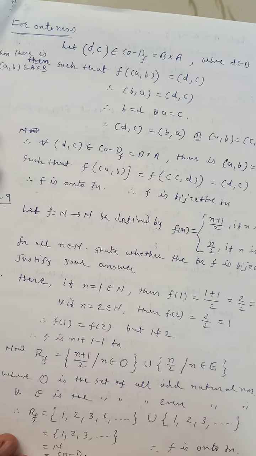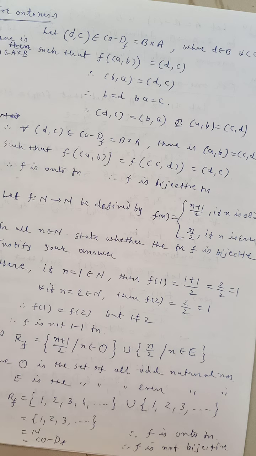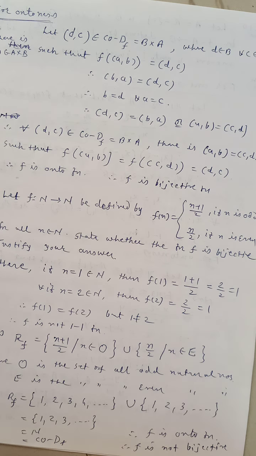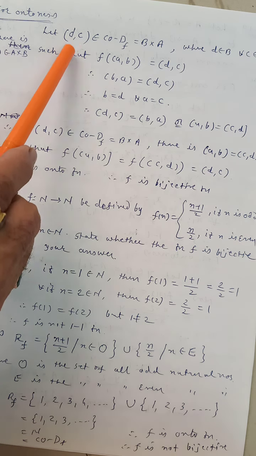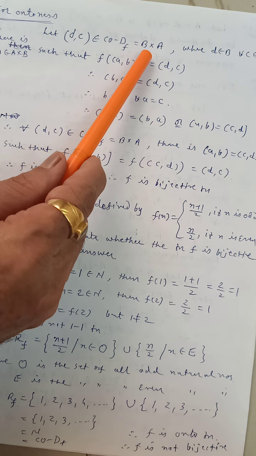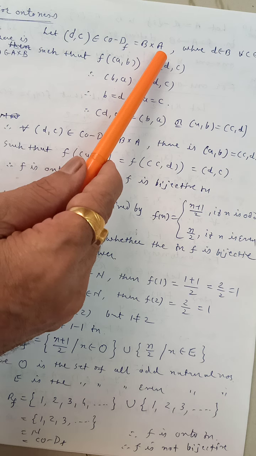Right? Okay, now we see the onto function, how it is onto. In that definition, we let y be a member of the codomain of f such that there is some x in the domain such that f(x) equals y. Similarly here, let (d, c) be a member of the codomain of f. Remember, it is B cross A, not A cross B. So (d, c) a member of B cross A means d belongs to B, c belongs to A. Keep this in mind.